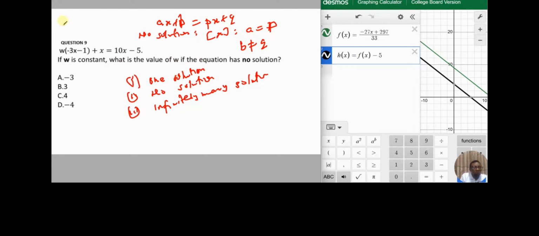It will be one solution if a is not equal to p. Then it will be infinitely many.